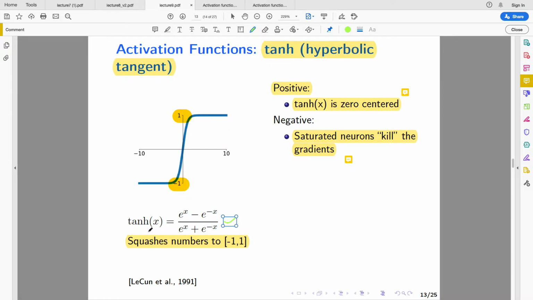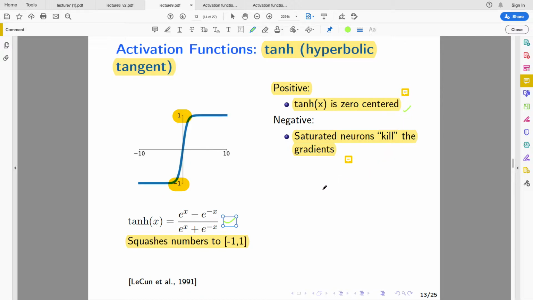tanh. So you will see here that this curve passes through the center at 0. So when x is 0, the value of the activation function is also 0. That is why we say that tanh x is zero-centered, and this is an advantage.